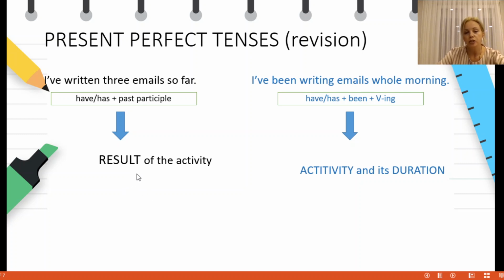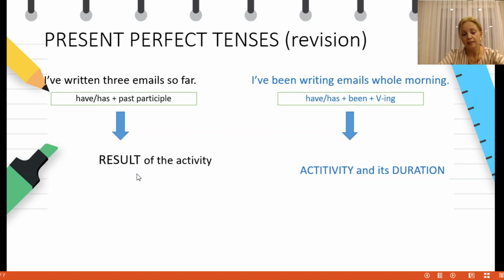In our language, in the Macedonian language, we don't have simple and continuous tenses. Can you think of why? Because in our language we have svršeni and nesvršeni glagoli.